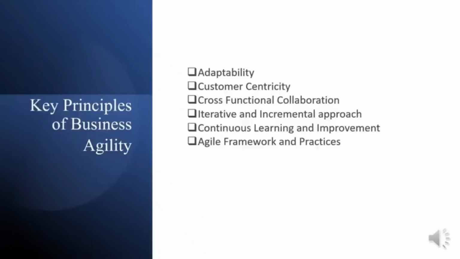So what are the key principles of business agility? Adaptability, customer centricity, cross-functional collaboration, iterative and incremental approach, continuous learning and improvement, agile framework and practices.